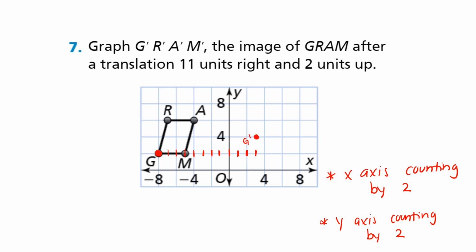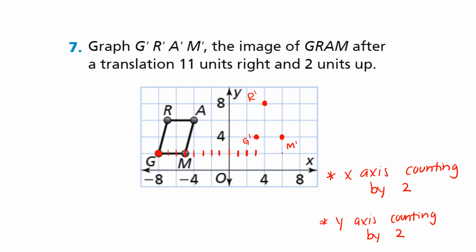Counting from the M position at -5, going right 11 would take me all the way to the 6, and then going up 2 puts me at 6, +4. And we label that point M prime. For the letter R, going from -7, right 11 puts us at +4, and then going up 2 puts us at the value of 8.